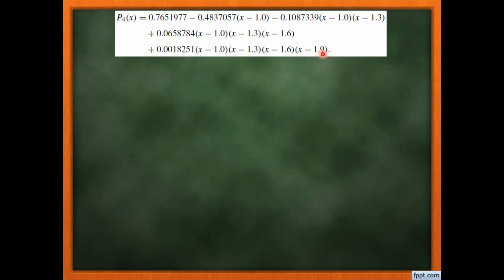Now do remember that the polynomial that we have shown in the first slide, 3.5, its last term was x minus xn minus 1. It was never x minus xn. So do remember, the last term of this polynomial should be restricted to x minus xn minus 1. So we have restricted it here to 1.9 rather than 2.2. So I'm hopeful you got my point.